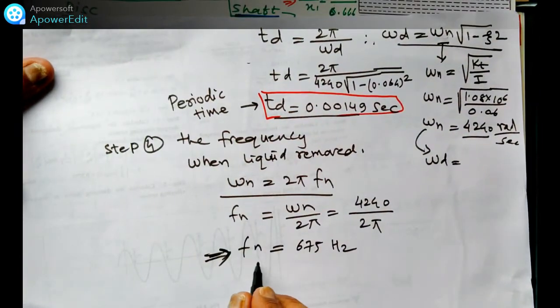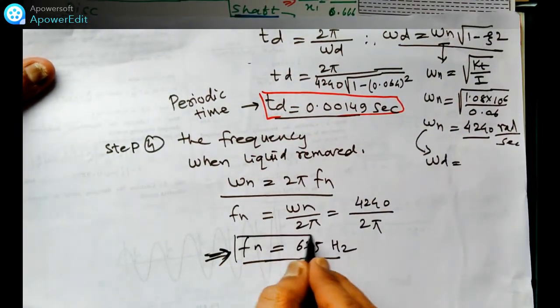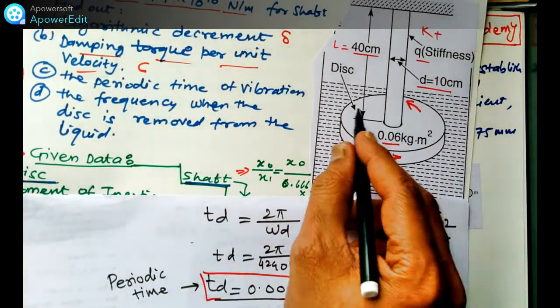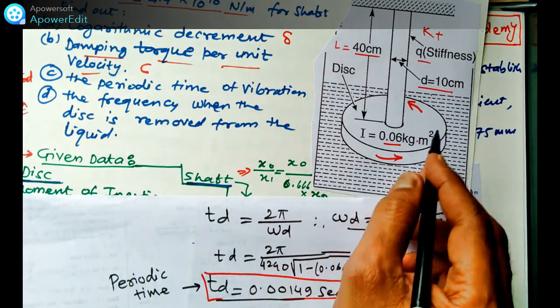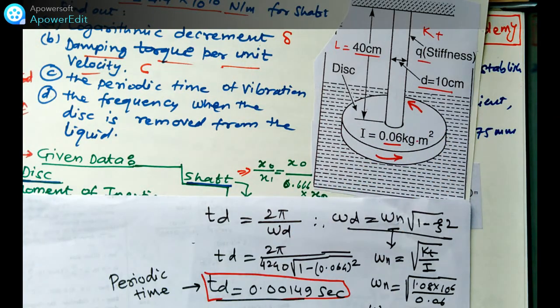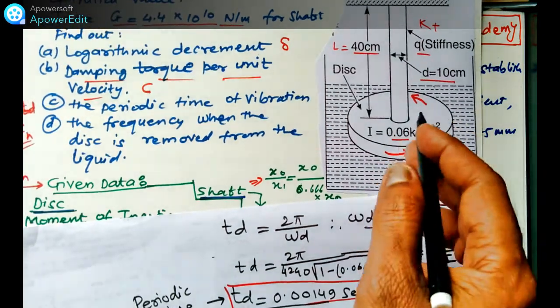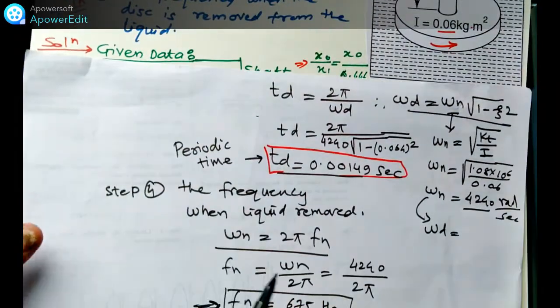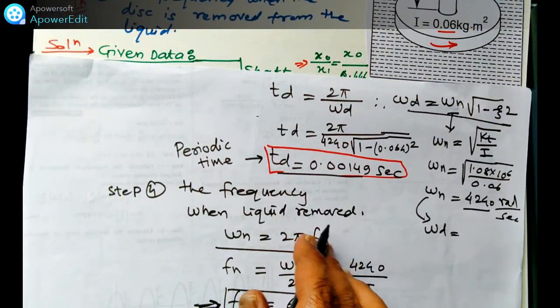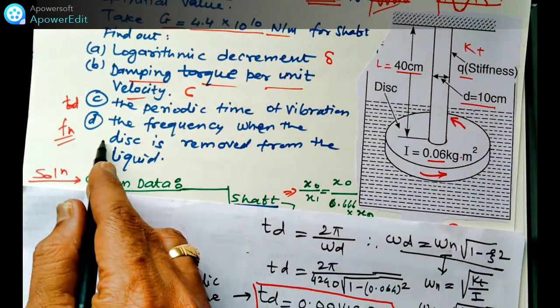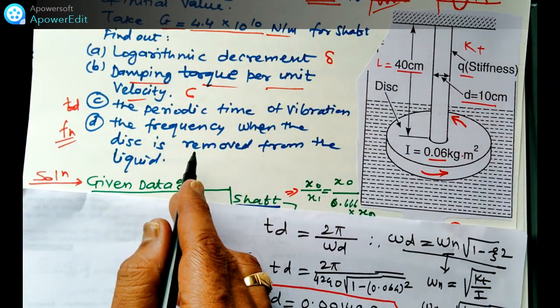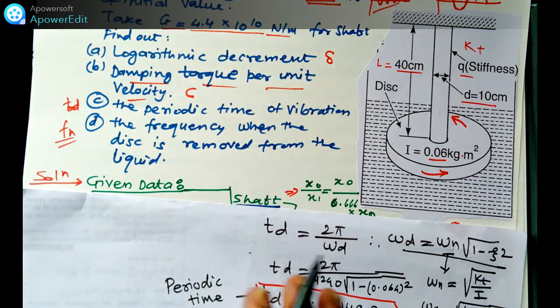When this liquid, the viscous fluid, is removed and the disc is rotated without liquid, this is the fourth point we have just calculated: the frequency when the disc is vibrating without liquid.